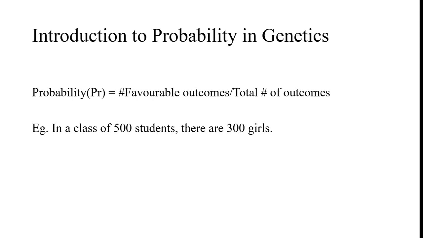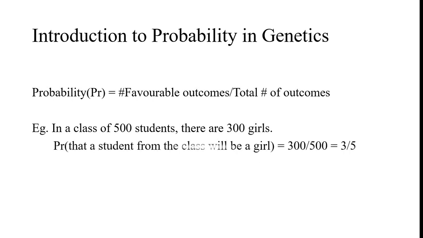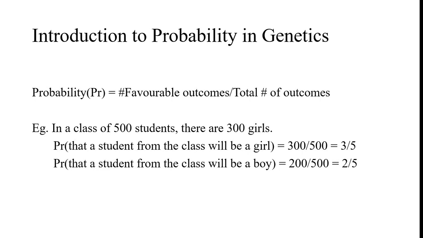So that would be 3 over 5 for the student being a girl. How about a boy? If you have 300 girls and the total number of students is 500, then it means we have 200 boys. So the probability that you'll find a student who is a boy in the class will be 200 divided by 500, that will be 2 over 5. So this is probability.